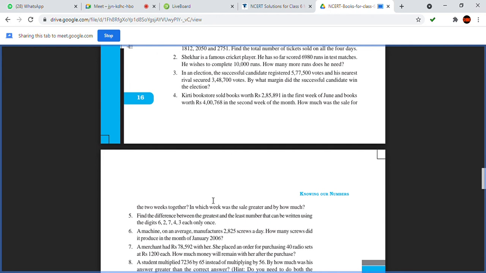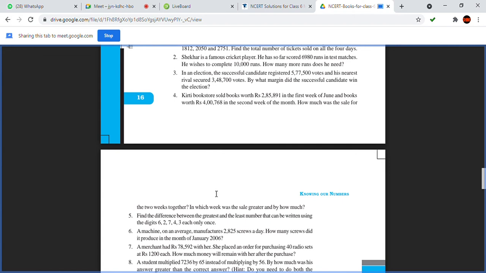Then below you write in which week the sale is more? Second week. So you can write in second week. After finding that answer, we can write the next step. But you didn't complete that calculation, so leave space for writing the answer of that calculation.